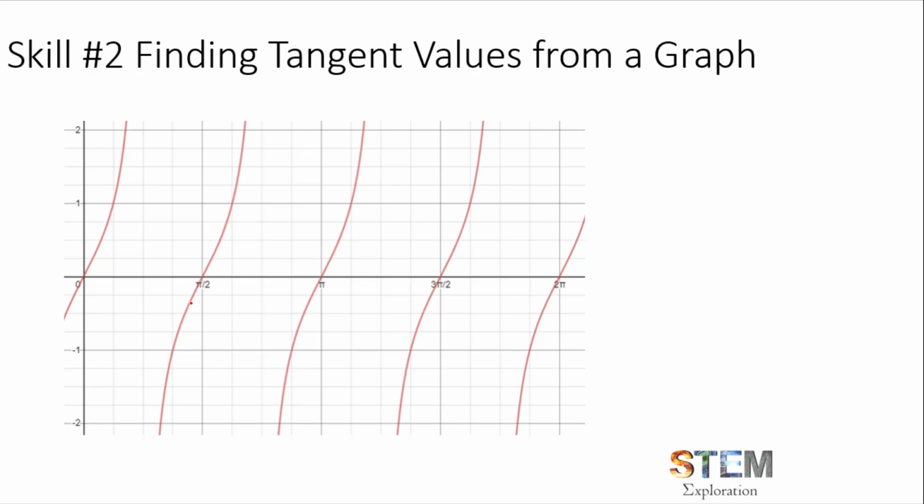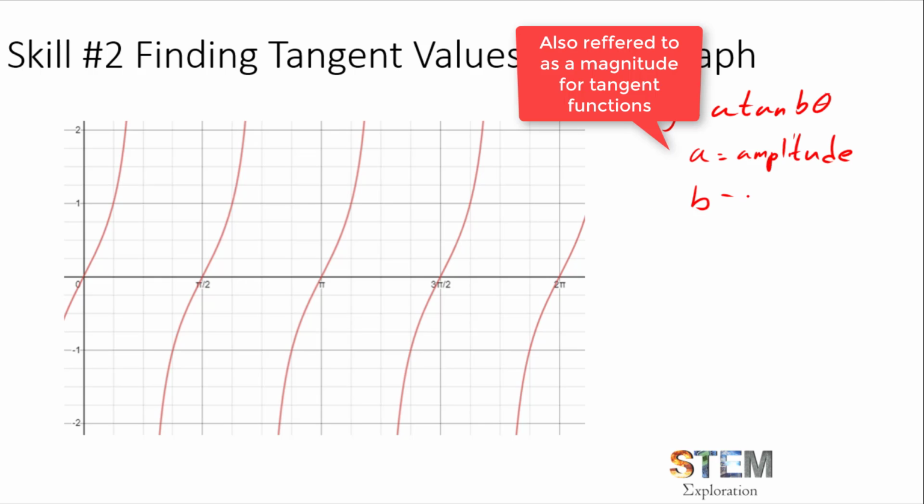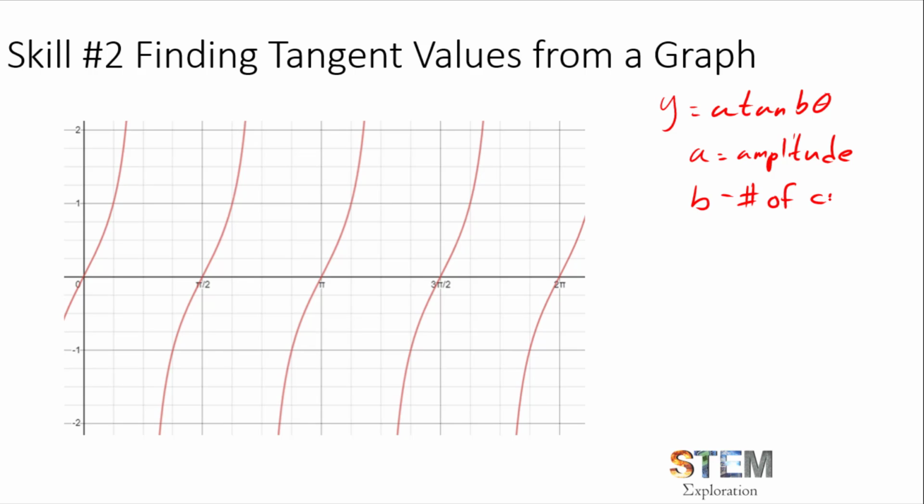Same forward. So with that said, if we want to find tangent values from a graph, if we want to find a value for y equals a tangent of b theta, a is your amplitude, and b again is still the number of cycles, but instead of being from 0 to 2 pi, it's just from 0 to pi.